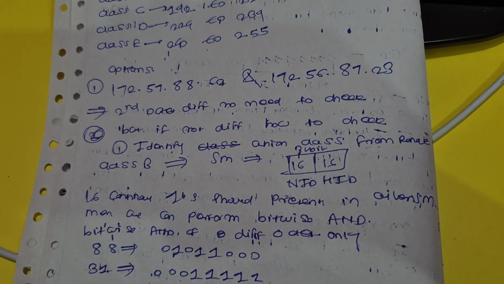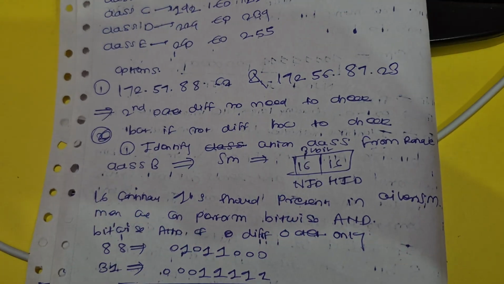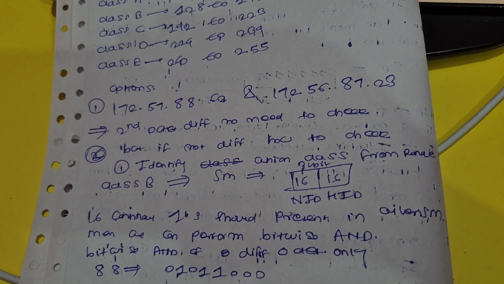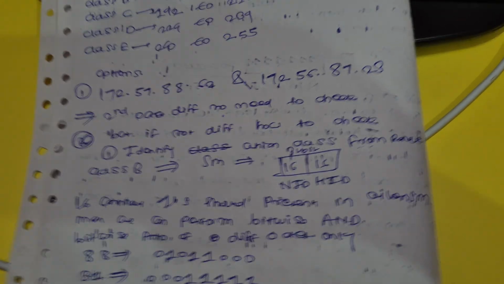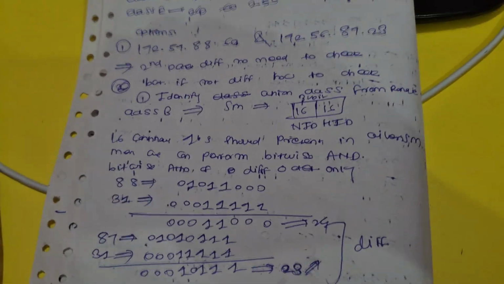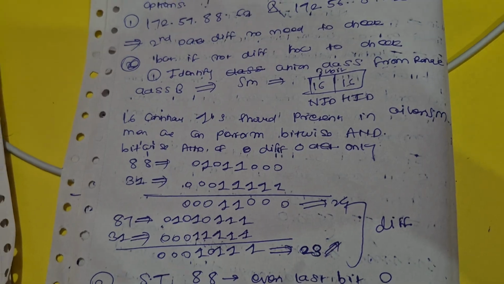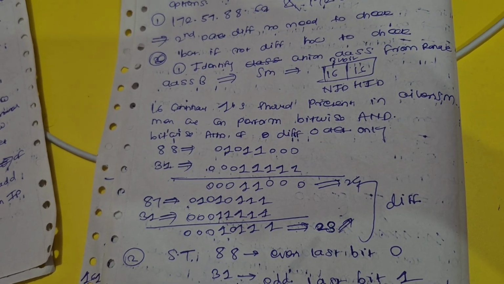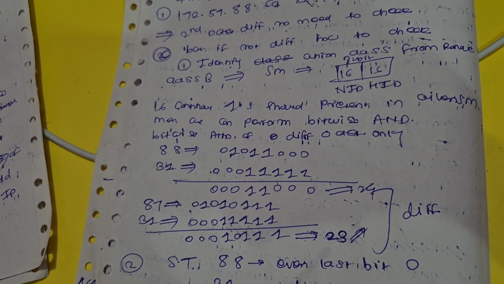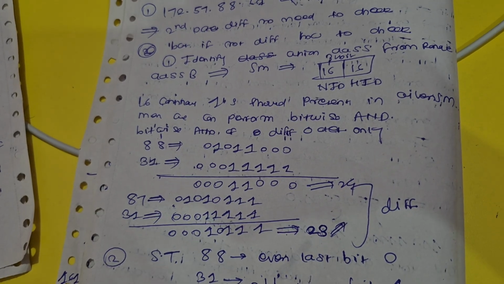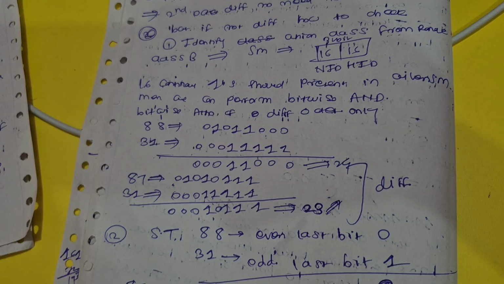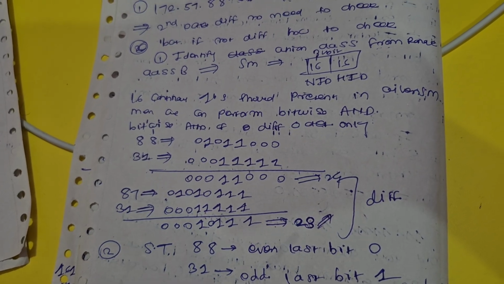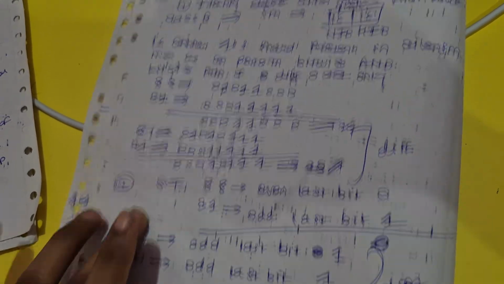So 88 and 31, 87 and 31. Bitwise AND is the operation where when both are 1, output would be 1. So 88 and 31 give 24 and 87 and 31 give 23, both are different, so it does not belong to the same network, so this option gets eliminated.